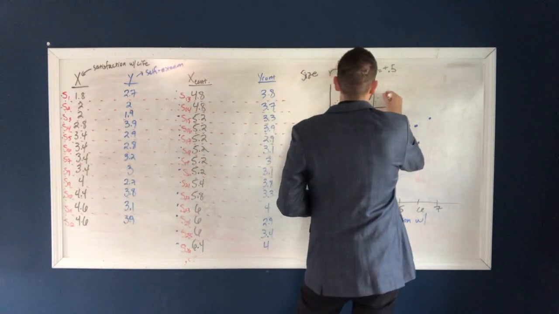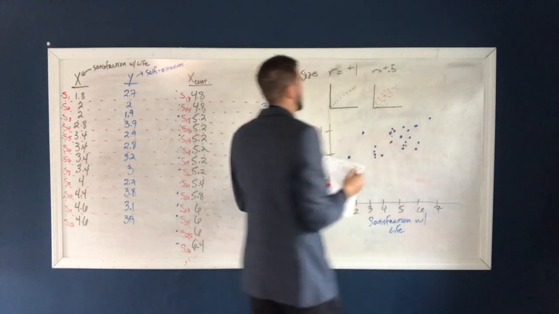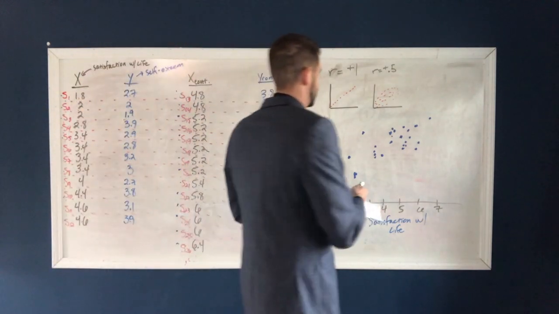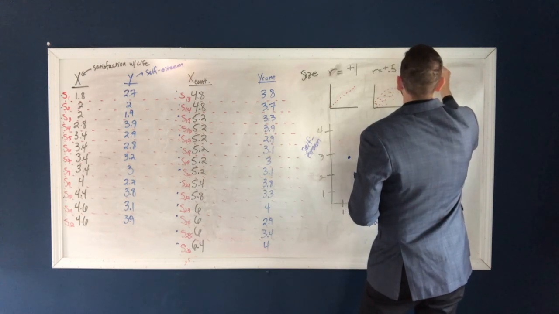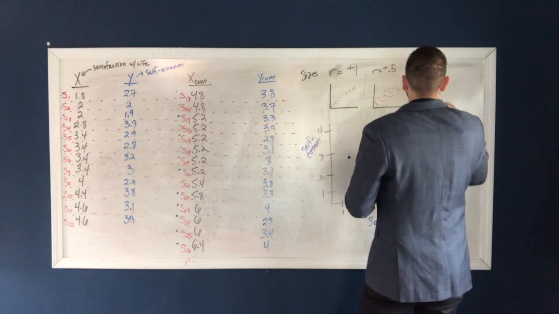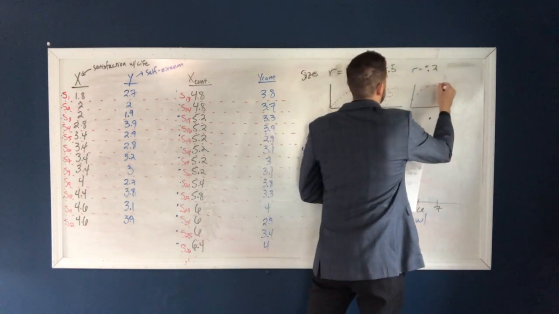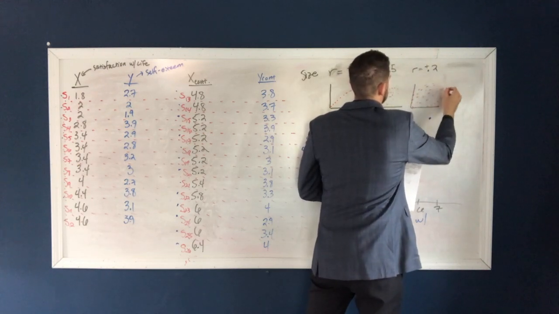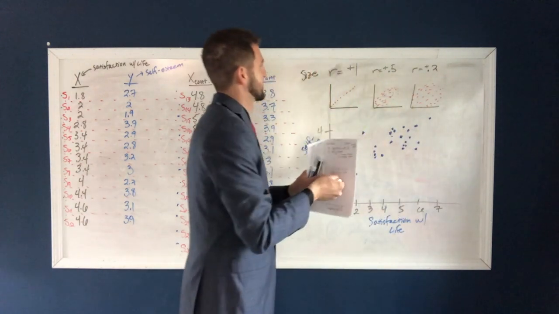You're going to see the dots spreading out. Now look at R equals +0.2. You're going to see the dots spreading out even more, but it's still trending in the positive direction.